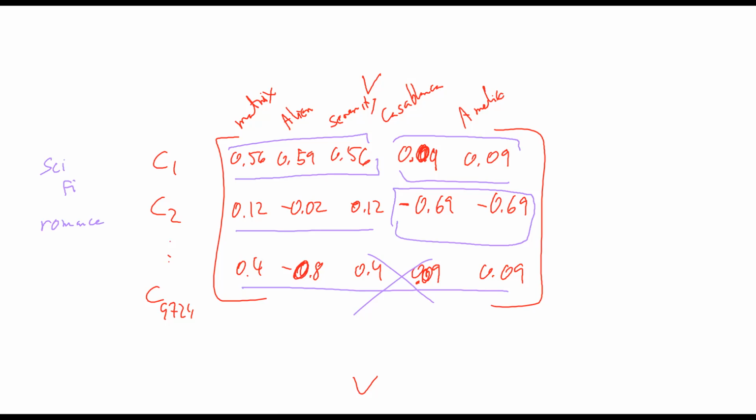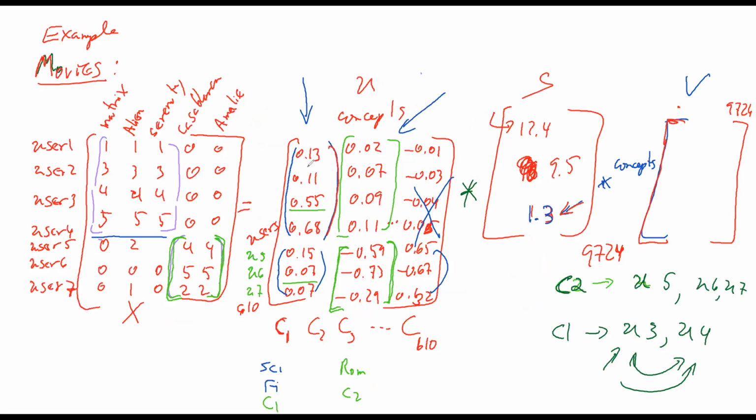So if I look, for instance, at the data before, what am I saying? Before, I represented each sample user as a row of 9,724 movies. However, I can decompose that into just a few concepts, right? Because you don't have to say Alien, Serenity, The Matrix, etc. as features to predict something. You could just say these three, Matrix, Alien, and Serenity, are combined into one single feature called sci-fi.